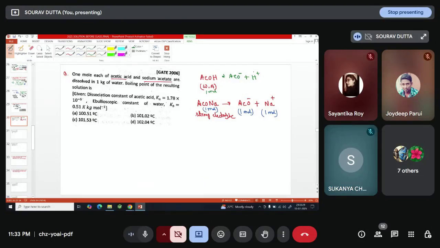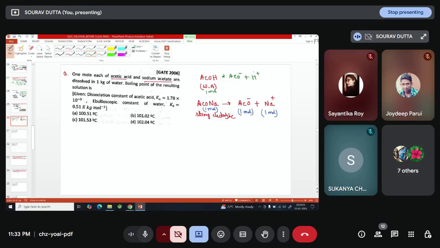But for weak electrolyte calculation, pH determination, in every case I will show how it will dissociate, and there is some degree of dissociation, and then you will get the H plus concentration alpha C, and so on, and how you find out pH. I will discuss that when I teach you the ionic equilibrium chapter, pH, acid base.